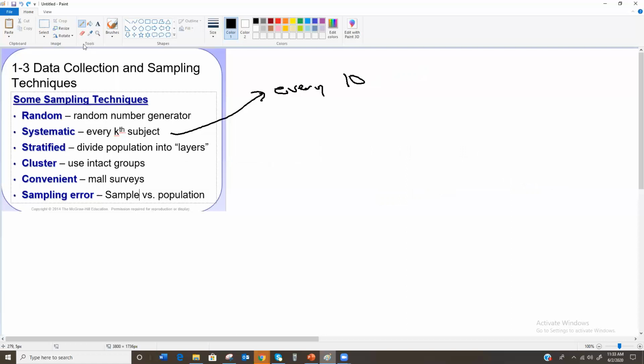If it's sent to an intact group and everybody answers, that might be considered more cluster. But if they don't all answer, then it's just convenient. Yeah, if they send it out to a group and say, hey, if you want to answer this survey, that would be convenience.